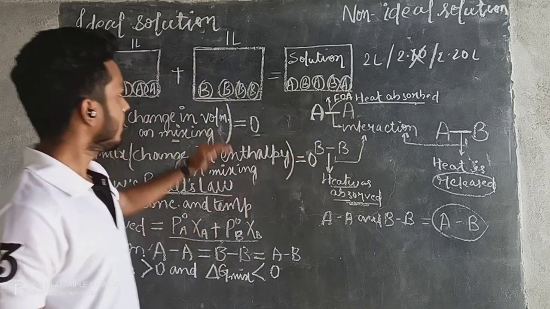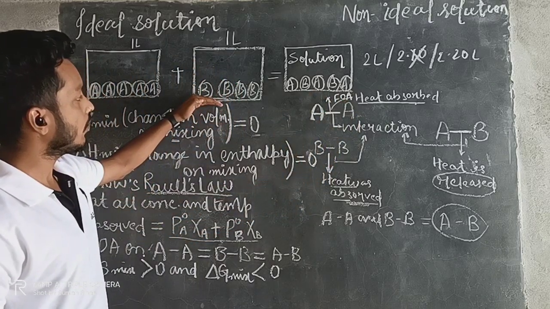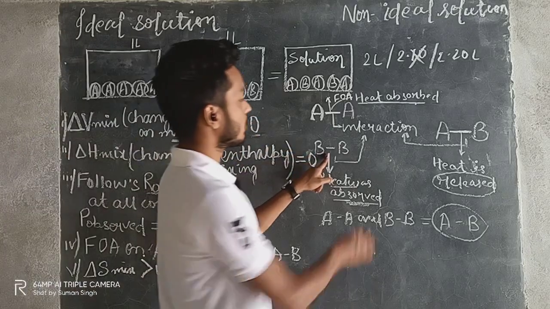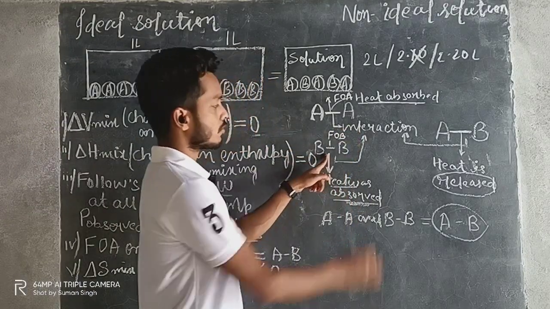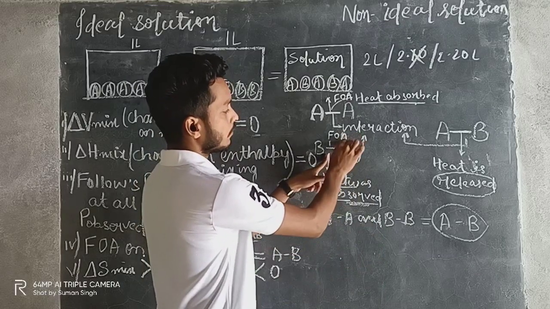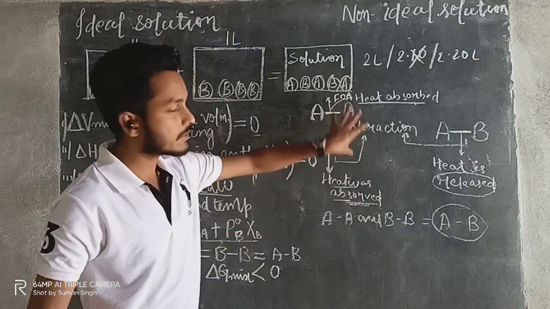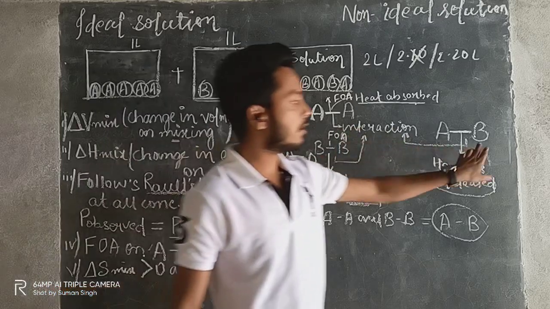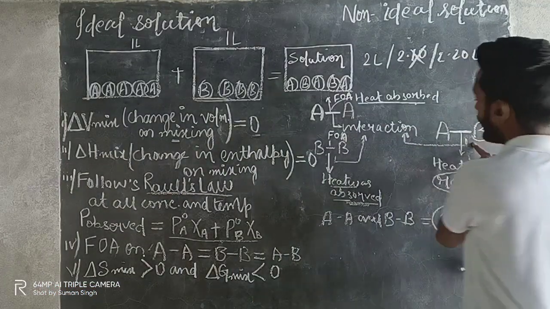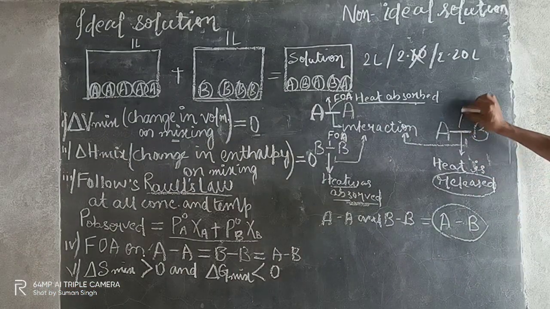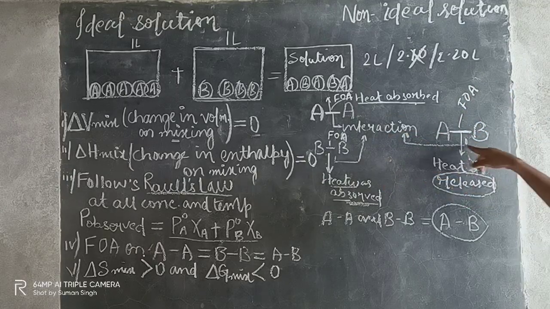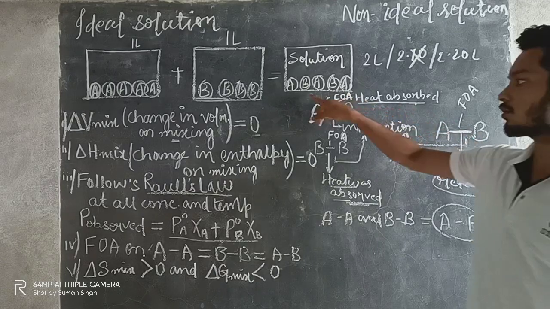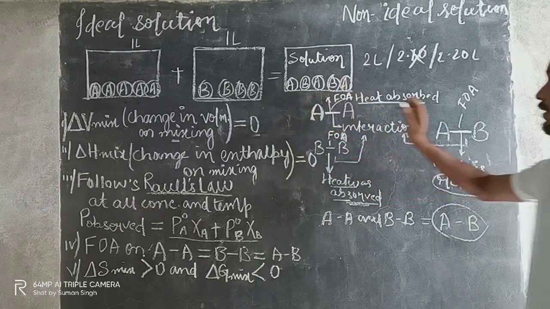And when only B was there, at that time also there was some force of attraction between BB. So when we mix these two and get AB, if the force of attraction of AB is the same as that of AA and BB, then this is also called an ideal solution. Just try to understand this.